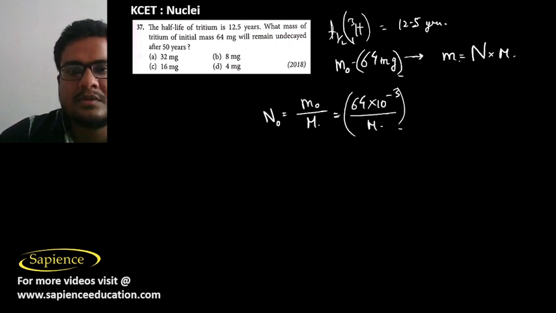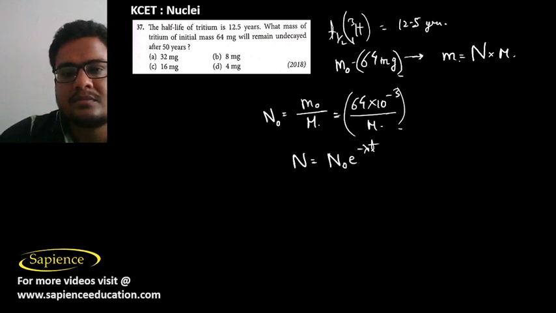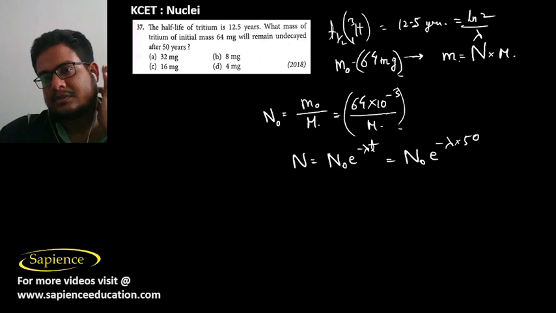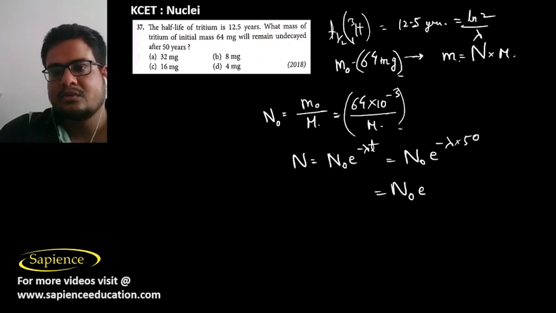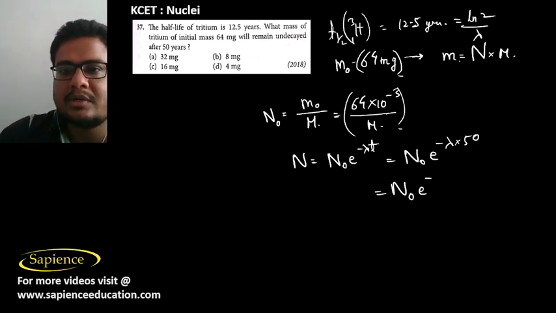Therefore we know that N will be equal to N naught e power minus lambda t. After 50 years, that will be e power minus lambda t, where lambda is ln2 by t half.